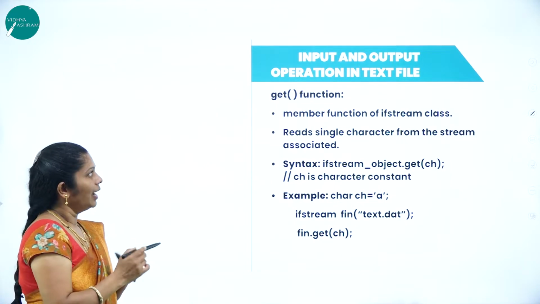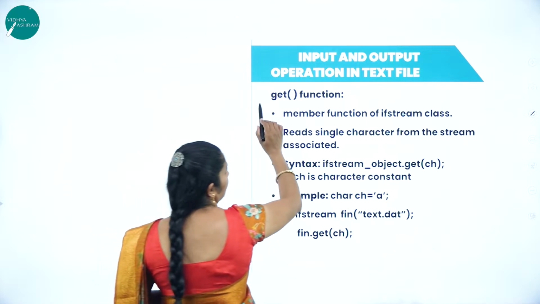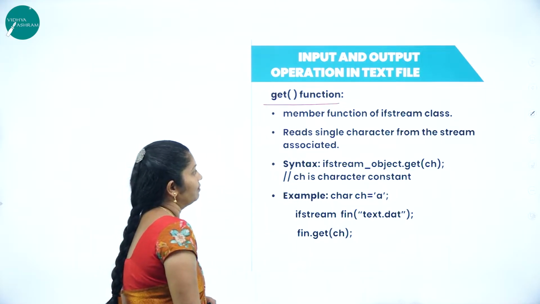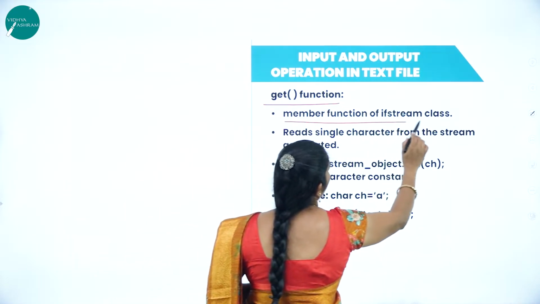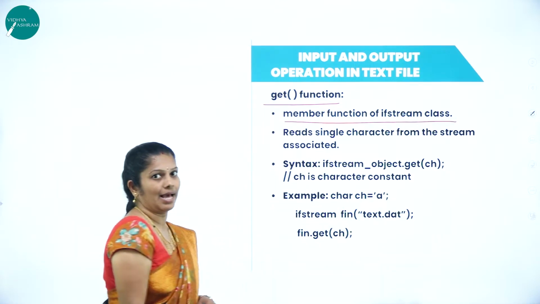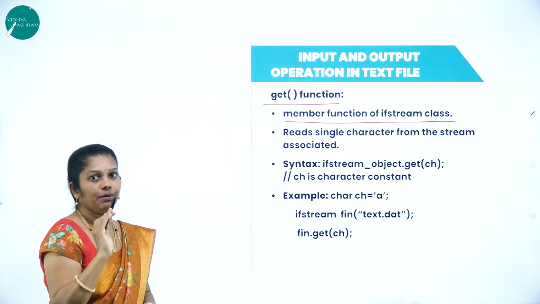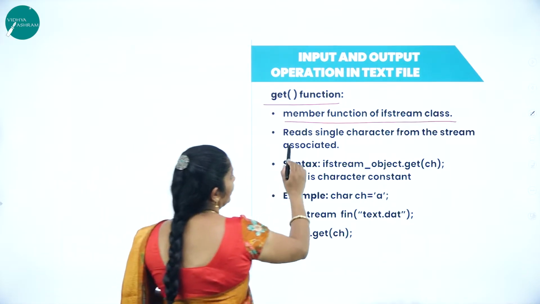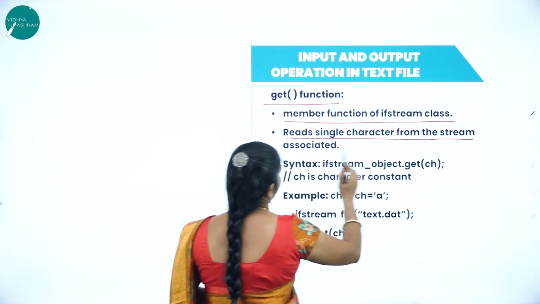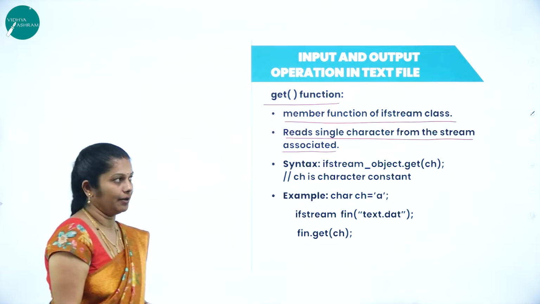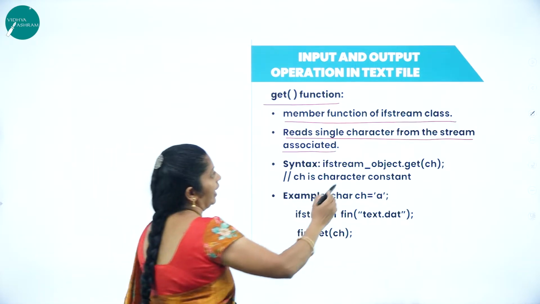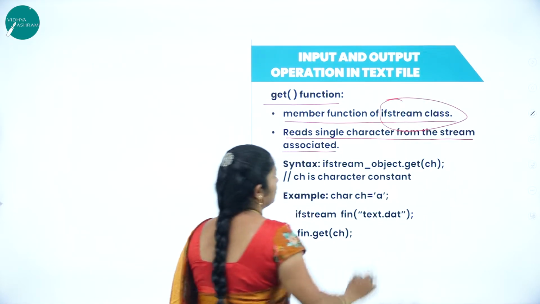Now it's clear. And the next one, the get function. The get function is a member function of the ifstream class. ifstream means input, for reading purpose. It reads a single character from the associated stream. First point you have to remember, it belongs to the ifstream class.